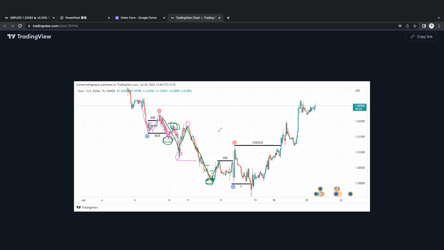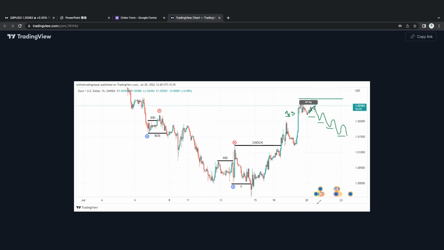I have another question. So this one is a BOS, and if this one moves forward, it will come back to make some internal structural retracement. Should it be considered a liquidity grab? Then we will consider this as another high.